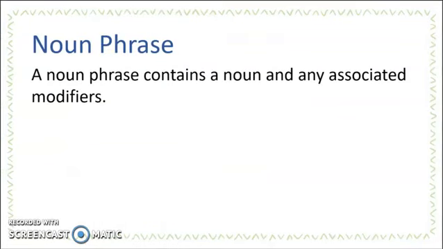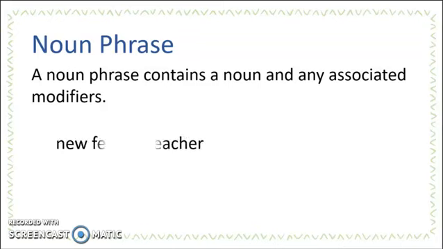A noun phrase contains a noun and any associated modifiers. A noun phrase is usually assembled centering a single noun, or words that function as the name of an object, creature, place, and so on, and works as a subject, object, or a complement in the sentence.